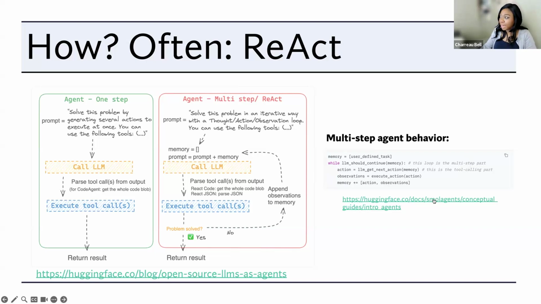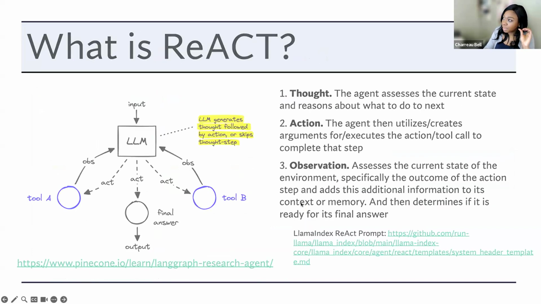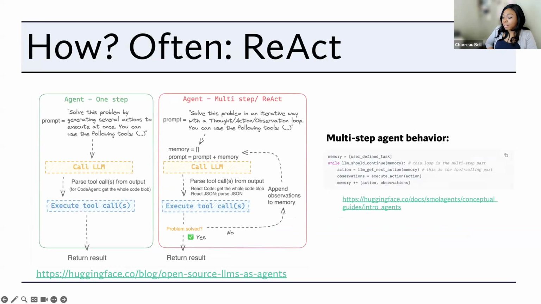So why did I insert this into the conversation? When you look at this behavior, we might think about some of the reasoning agents that we've seen in the second week. These were reasoning models that we would give some sort of task, and it would appear to iteratively go through these loops.